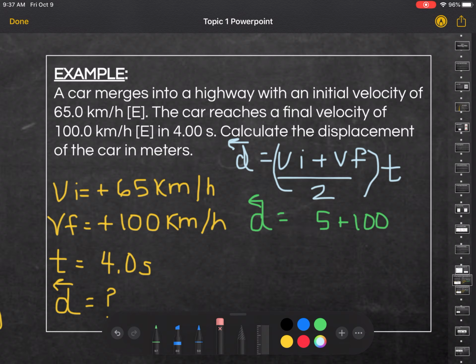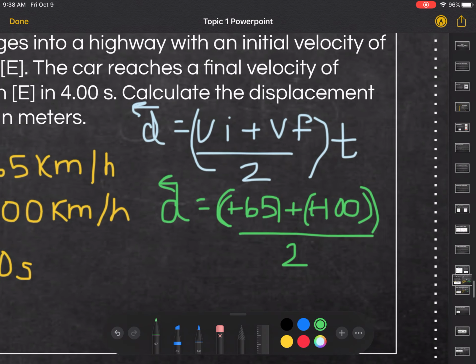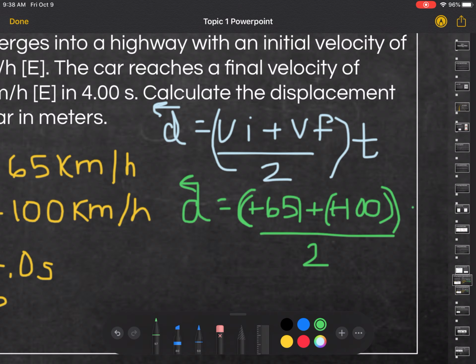I'm going to erase this, put in brackets, so positive 65 plus positive 100 all divided by 2, and then multiplied by our time, and our time is 4 seconds, so we're going to put a 4 outside there.